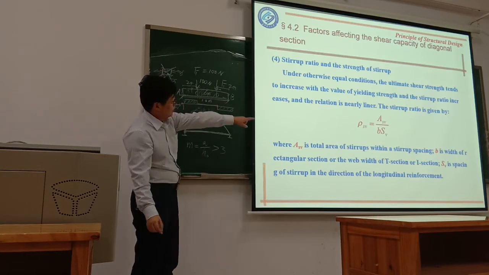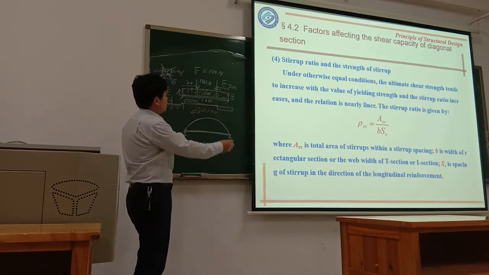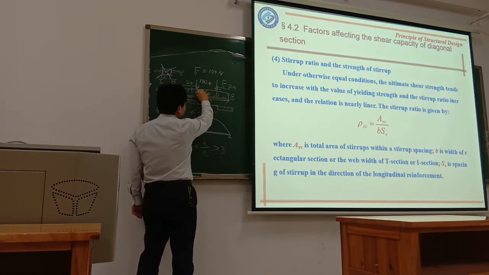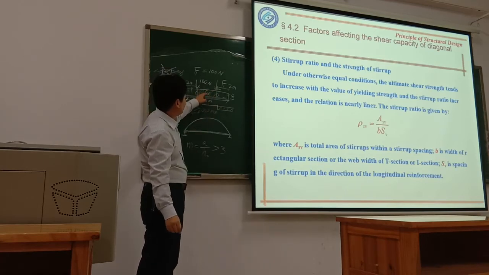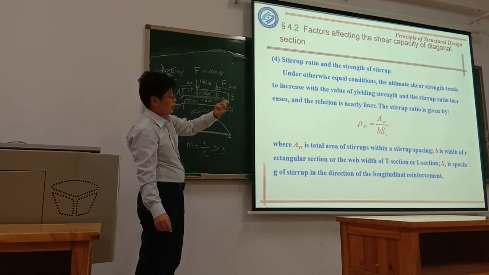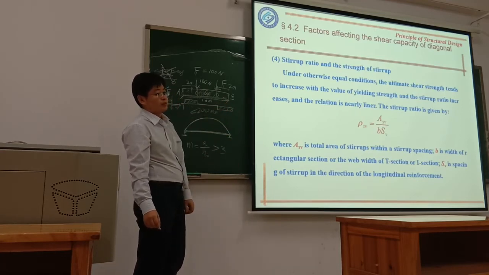So the reinforcement ratio of stirrup, rho_sv, suppose you cut at this distance, you have those stirrups, and you got this section, the cut area of the stirrup.